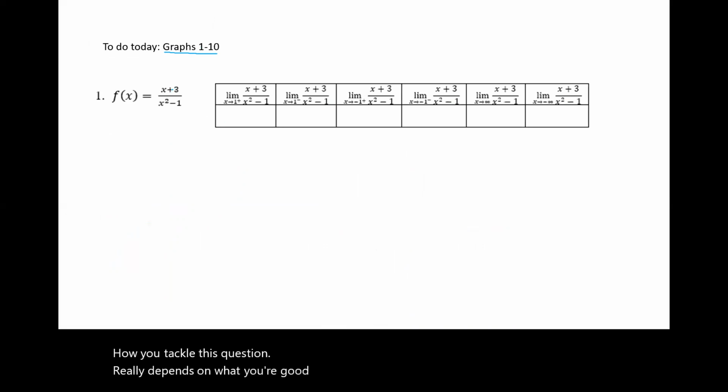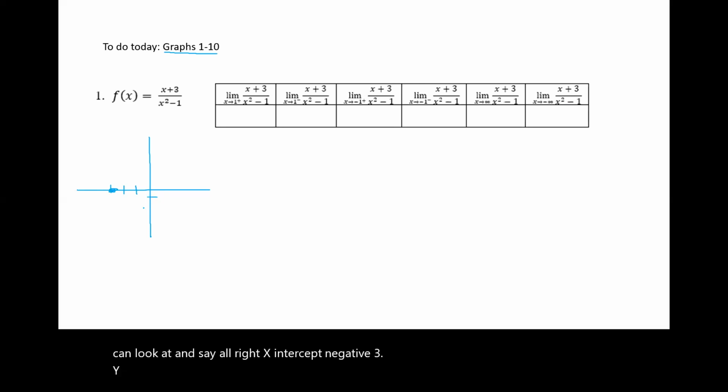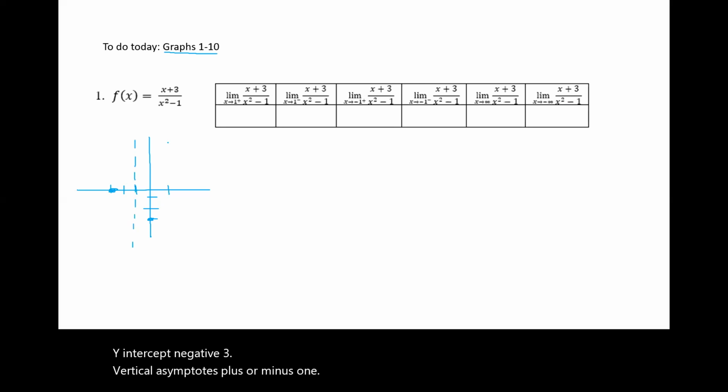If you're good at graphing rational functions, if you can look at that and say, all right, x-intercept -3, y-intercept -3, vertical asymptote ±1, horizontal asymptote for this one is 0.